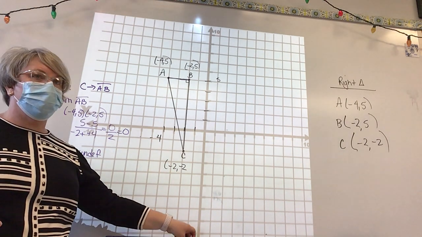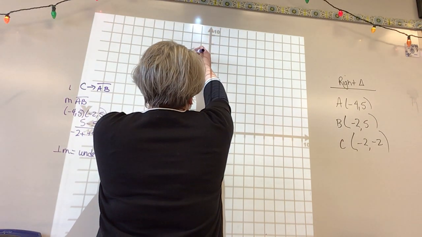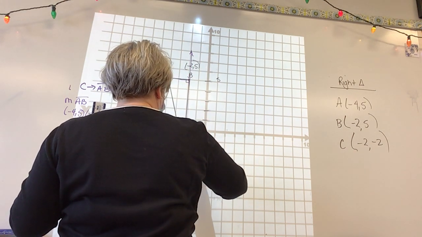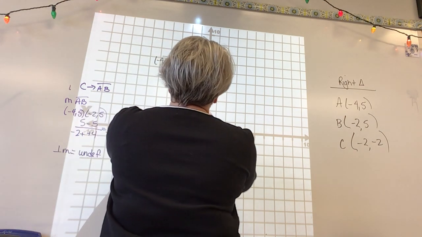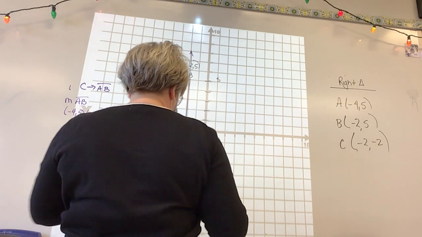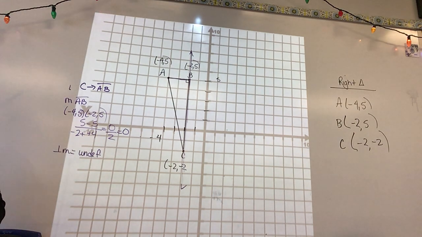Well, if I draw a vertical line, I'm sitting right on top of one of the sides of the triangle. You're going to sit right on top of it.